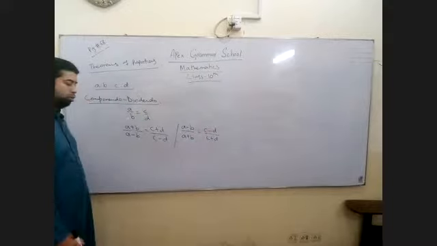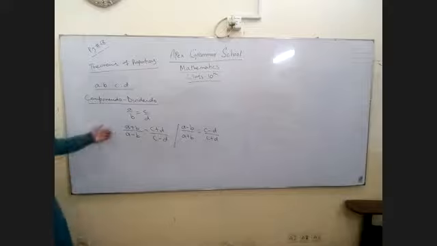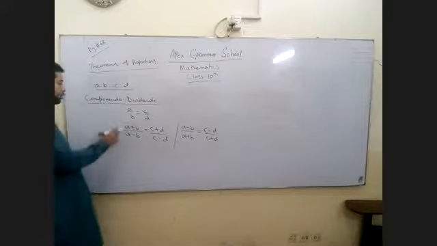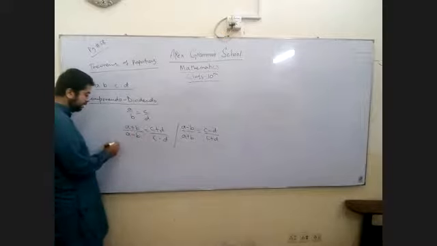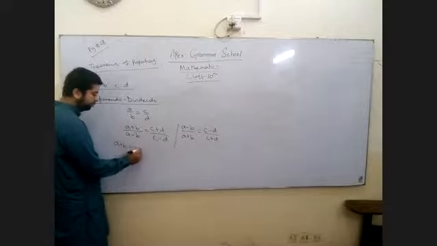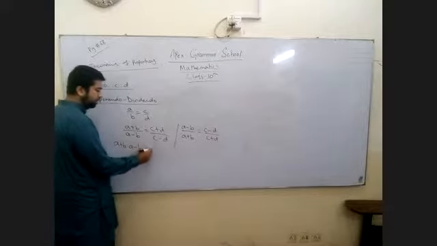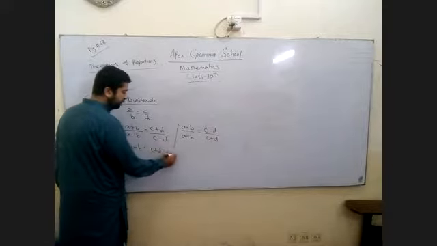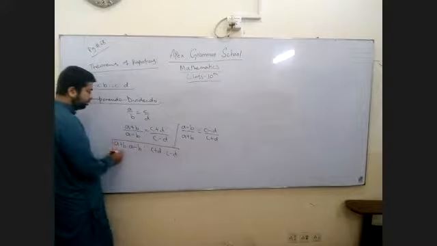Finally, you need to write this in the form of ratio and proportion. So you can write it as A plus B ratio A minus B, proportion C plus D ratio C minus D. This is componendo-dividendo.